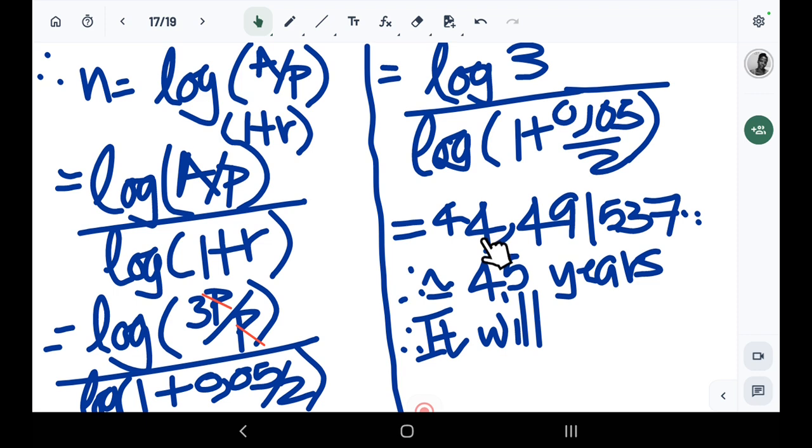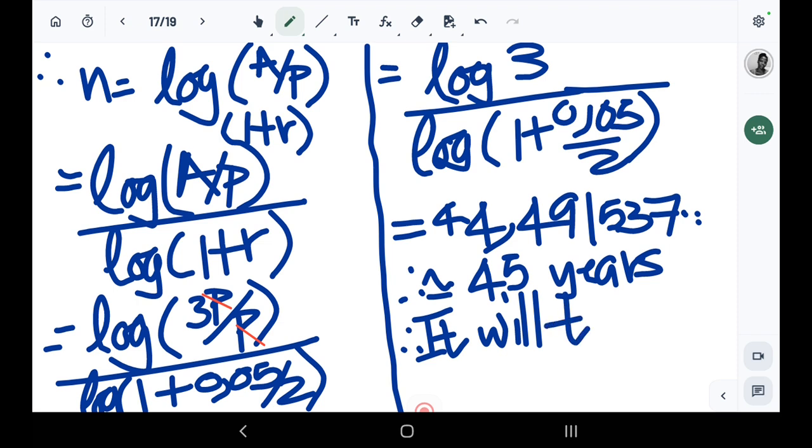So you round it off to the nearest whole number, and that is 45. So it will take approximately 45 years.